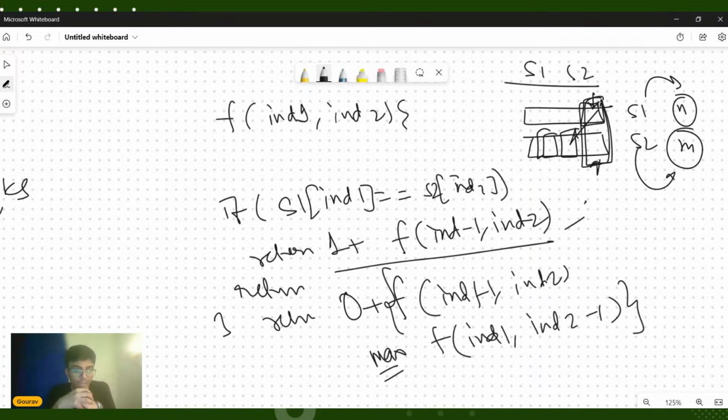Since this is a brute force recursion, the time complexity will be exponential, which is basically 2 power n. So we want to reduce the time complexity. So how will we do it?